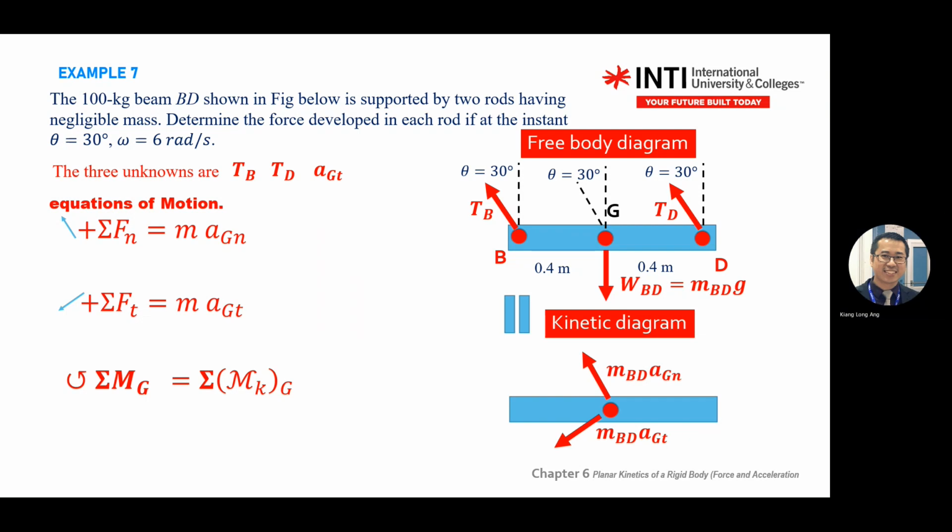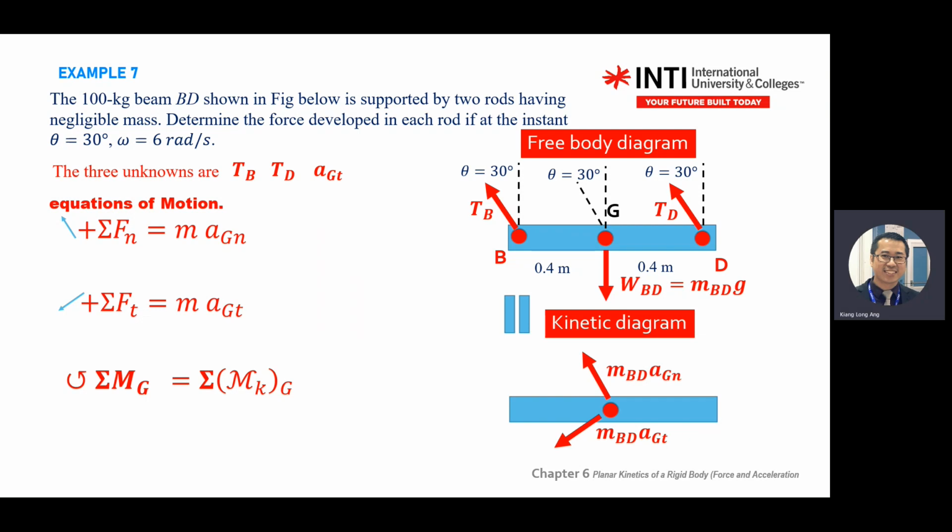G. What are the forces you have? What is this? ma is what? Force. I'm asking you moment. You put it here. So what's the answer? Zero, because the d is zero.